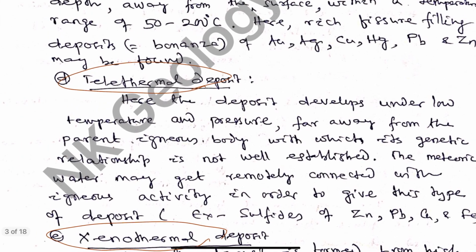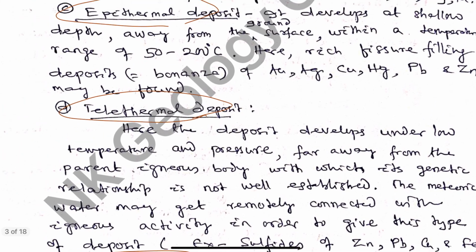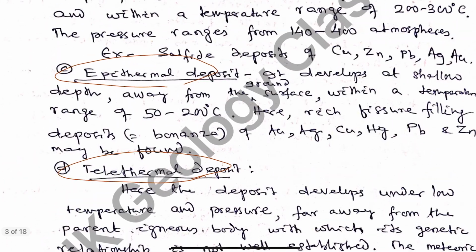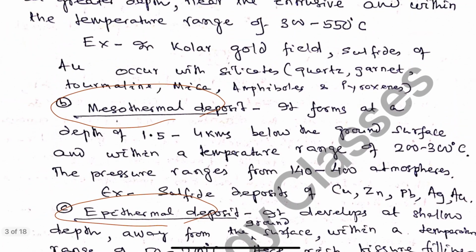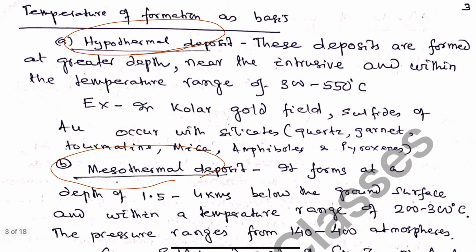So these five types of deposits are made on the basis of the temperature of formation of the ore minerals or mineral deposits from hydrothermal fluid. Hypothermal, as the term indicates, hypo means below.